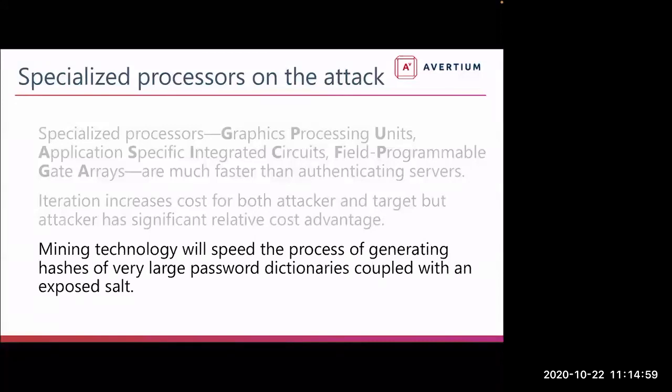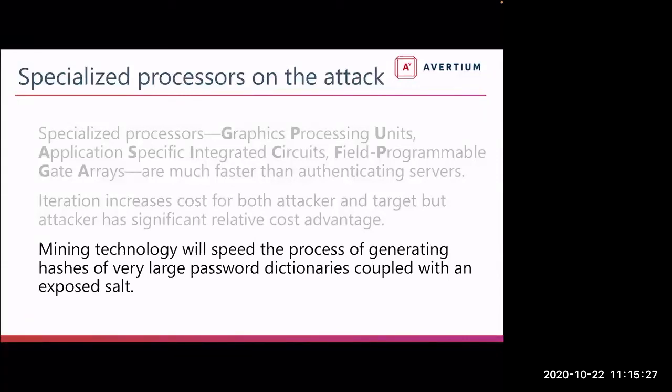So here's what we know: that mining technology, which you can acquire, will speed the process of generating hashes of very large password dictionaries coupled with an exposed salt. So what am I going to do? If I actually go and exfiltrate information from a system, I'm going to get the hash and I'm going to get the salt. And I'll probably even get a clue by looking at the code of what the iteration is, how many times it's being called for iterating.